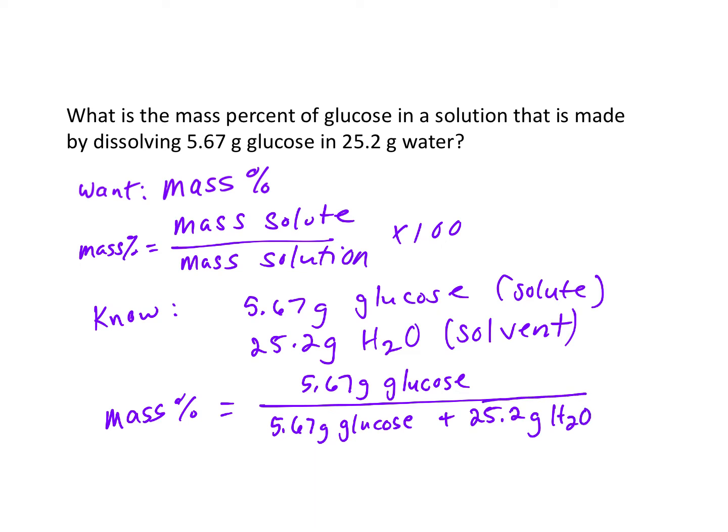So again, mass of solution, SOLN, equals mass of solute plus mass of solvent. And adding up the numbers in the denominator, dividing the numerator by the denominator, should get 18, times 100, sorry, I always forget that, should get 18.4%.